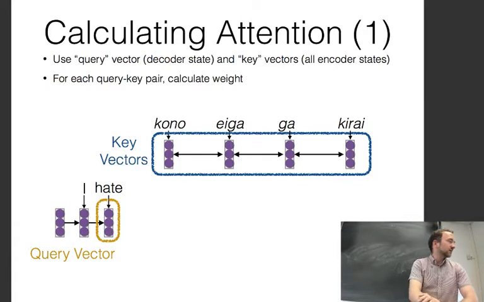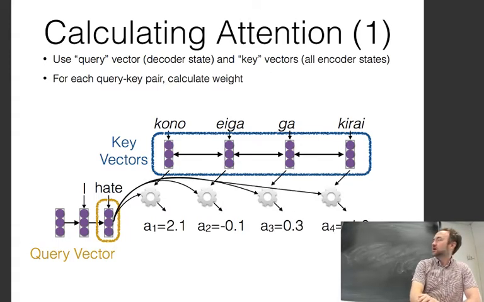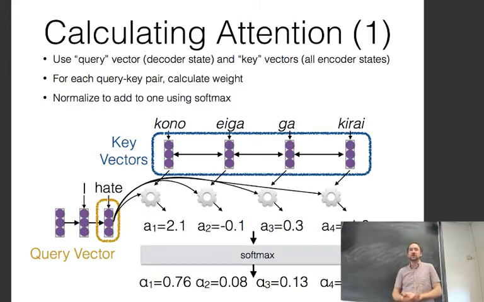And then based on that, for each query key pair, we calculate a weight. We run these two vectors through some function and get weights. These can be any real number, basically. And then we normalize these to add to 1 using a softmax function. So then once we do this, we get things between 0 and 1, and they add up to 1.